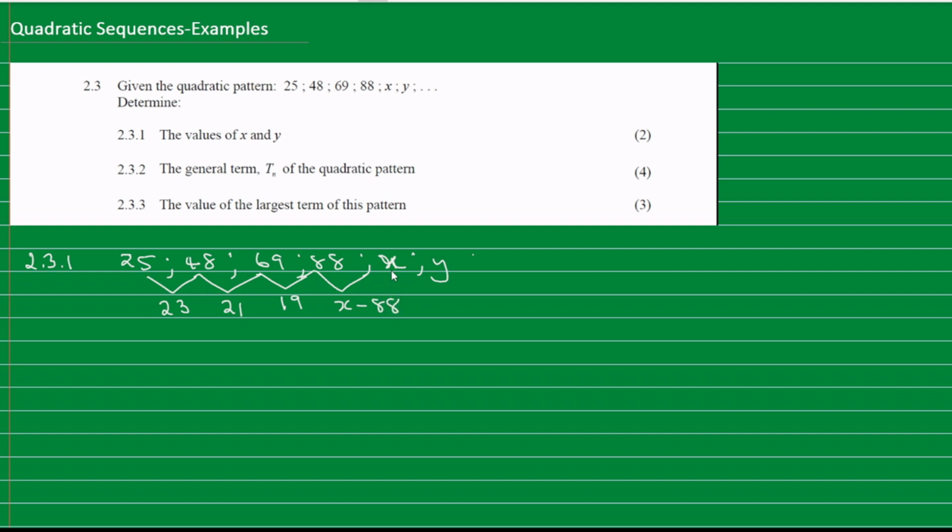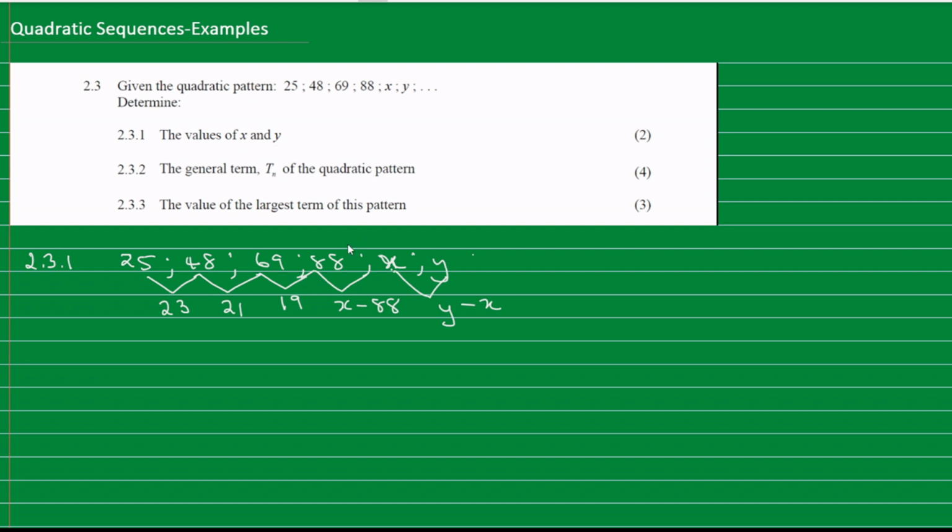And then here it will be y subtract x. We are subtracting just the terms here. So now they are asking us to find the values of x and y.